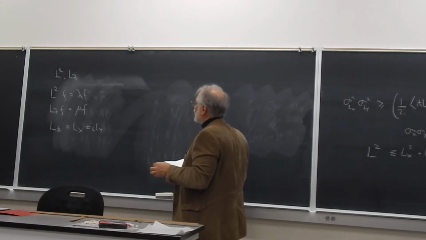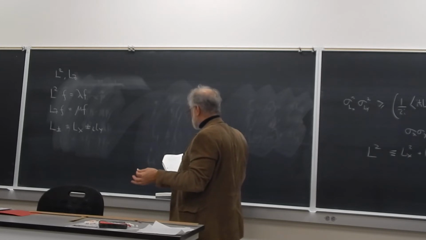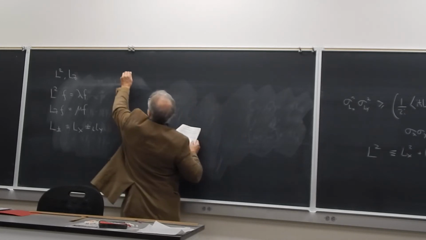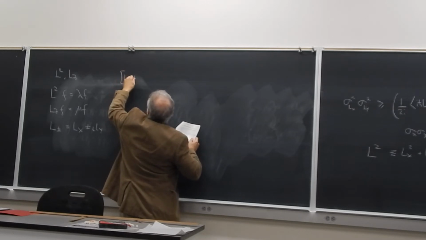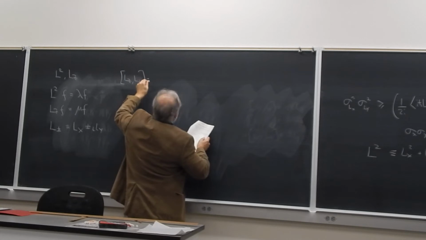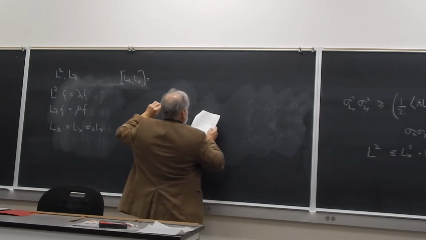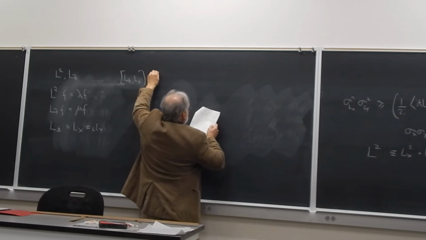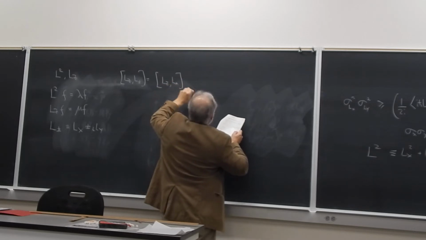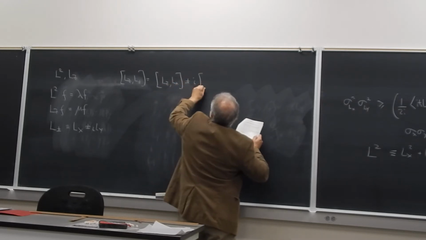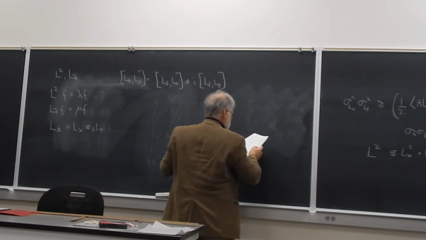Let's look at how, or whether, Lz commutes with L plus/minus. So Lz with L plus/minus gives me the commutator that looks like [Lz, Lx] plus or minus i times the commutator [Lz, Ly].